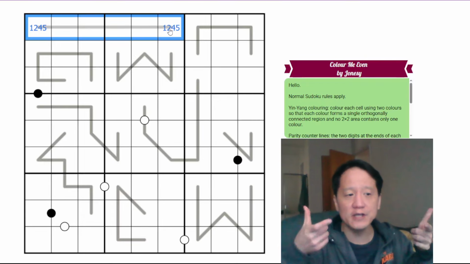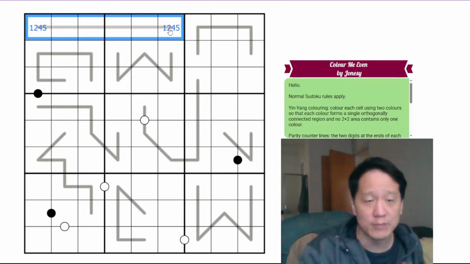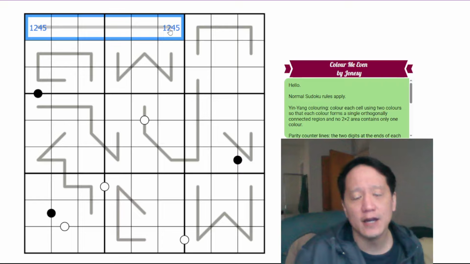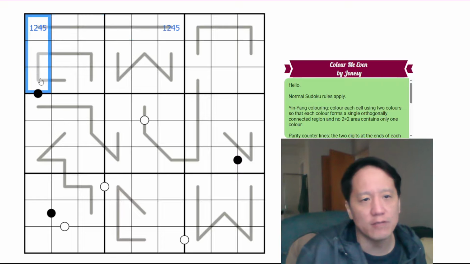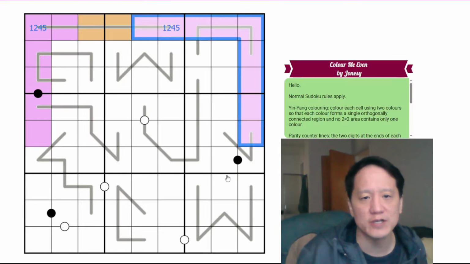Now, in yin-yang shading, you can only swap at most 2 times on the edge of the grid. And the reason is, say you tried to make this swap more than 2 times on the grid. So it swaps here, say we had orange here, and then this swapped, and then we swapped again, right?